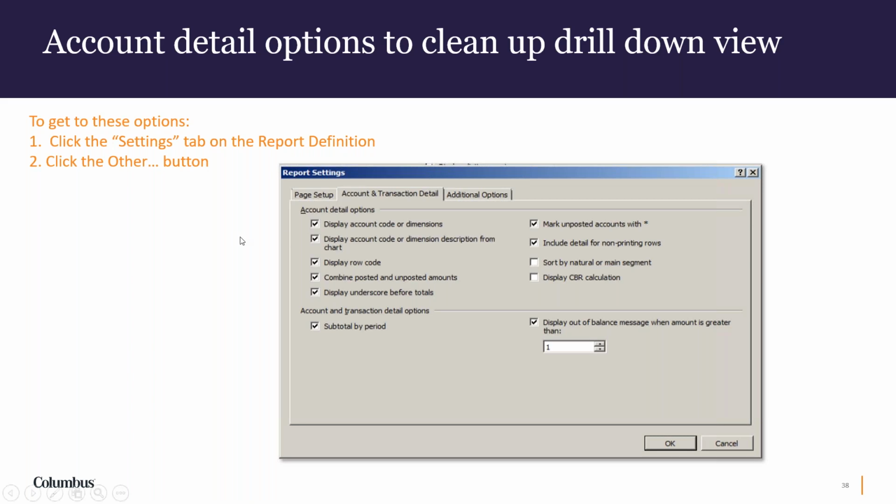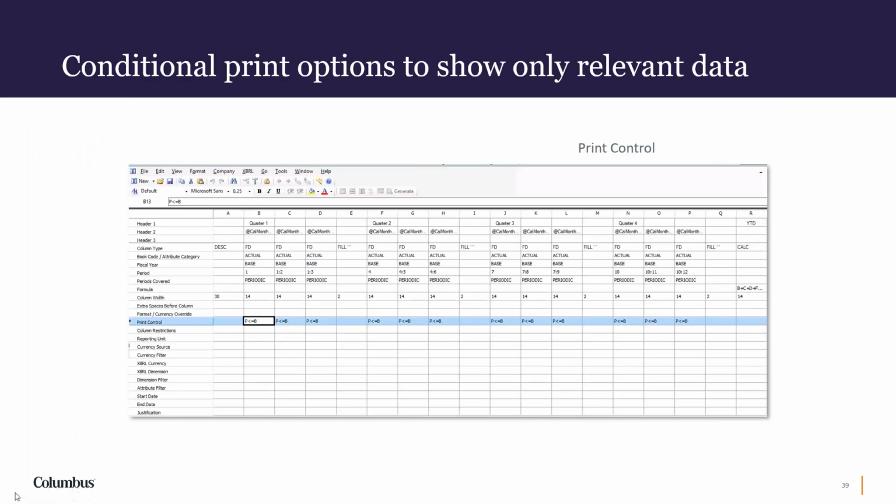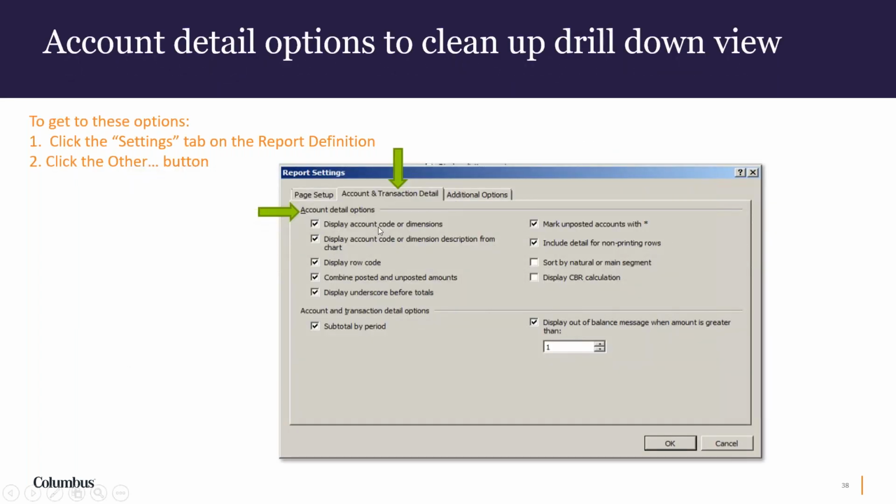So on this account and transaction detail, you want to make sure that your display account code or dimensions option is checked or unchecked, if when you drill into it, you don't want to see the account code listed. This option will allow you to do that, okay?